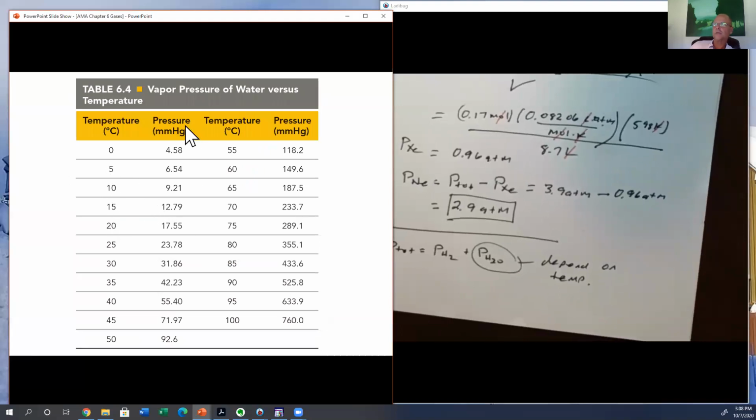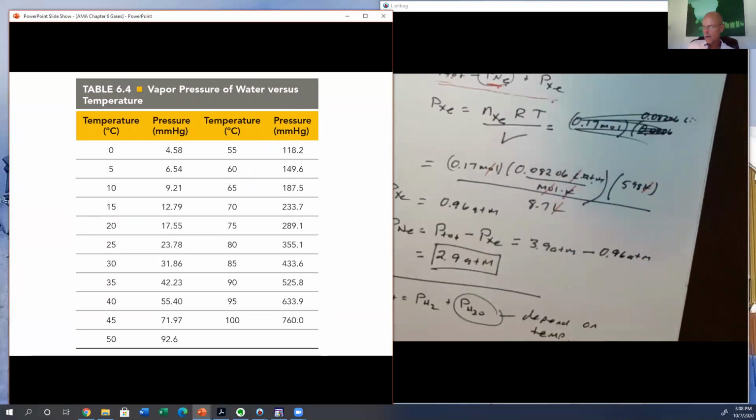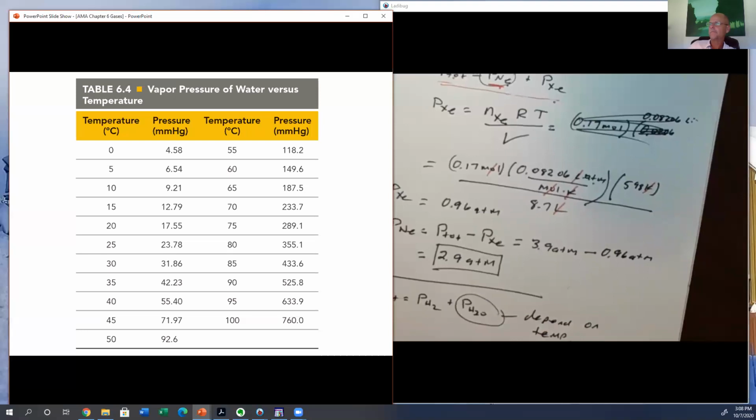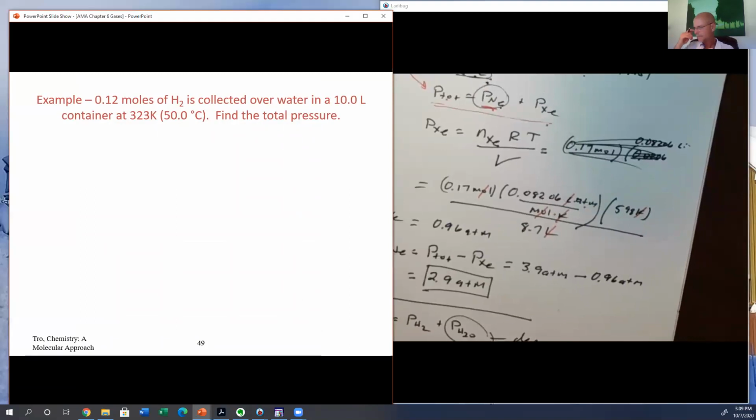At any given temperature, you have a given pressure of water, called the vapor pressure of water. At 25 degrees, you're going to have 23.78 millimeters of mercury, and at 30 degrees, 31.86, and so on. So for example, if this was at 25 degrees, you just look on this table and the partial pressure of water is 23.78 millimeters of mercury. All right, let's do an example using this concept.